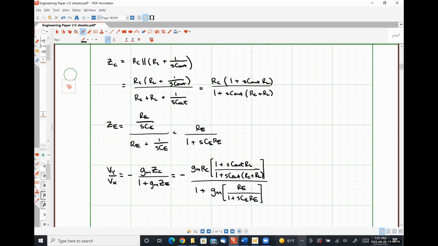So what I'm about to do here is I'm going to multiply this fraction by (1 plus SCE RE) over (1 plus SCE RE) to get rid of the denominator of my denominator. Okay.